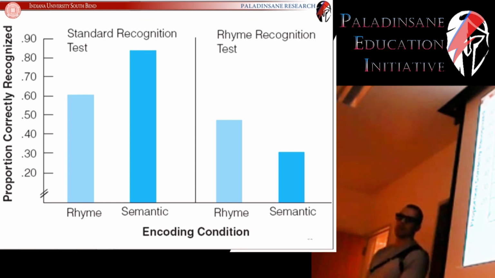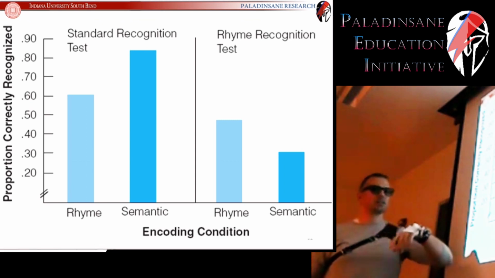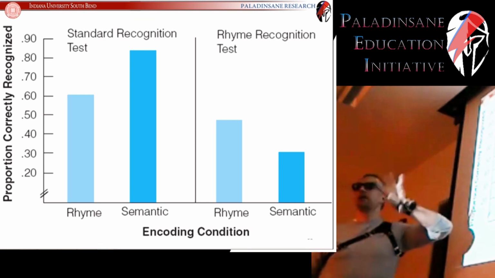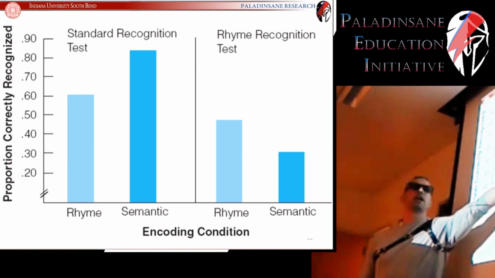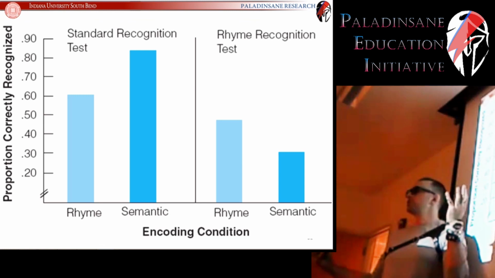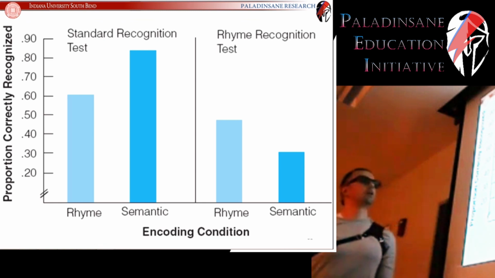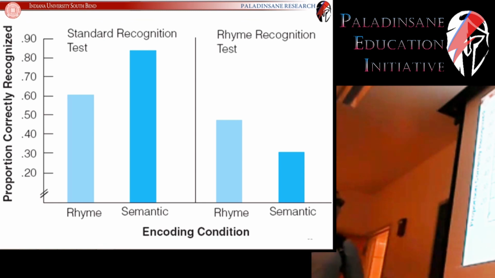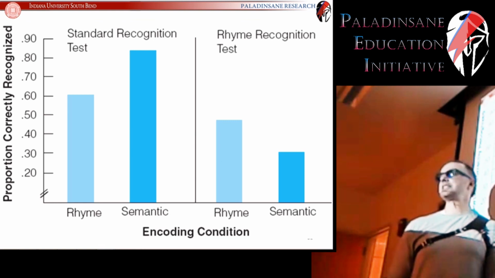All right, I'll get the ball rolling on this one. It's not as simple and straightforward sometimes as one might imagine. When you're looking at an interaction and a graph like this, what you need to do is collapse across conditions. So let's take a look at everybody that encoded semantically.